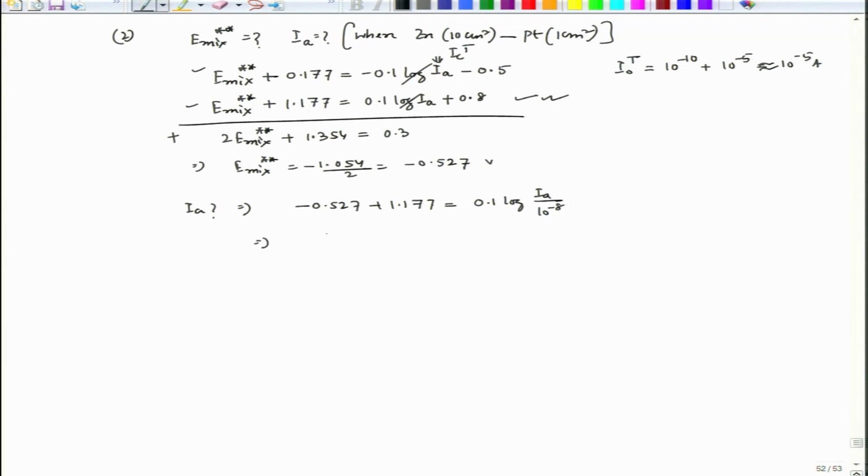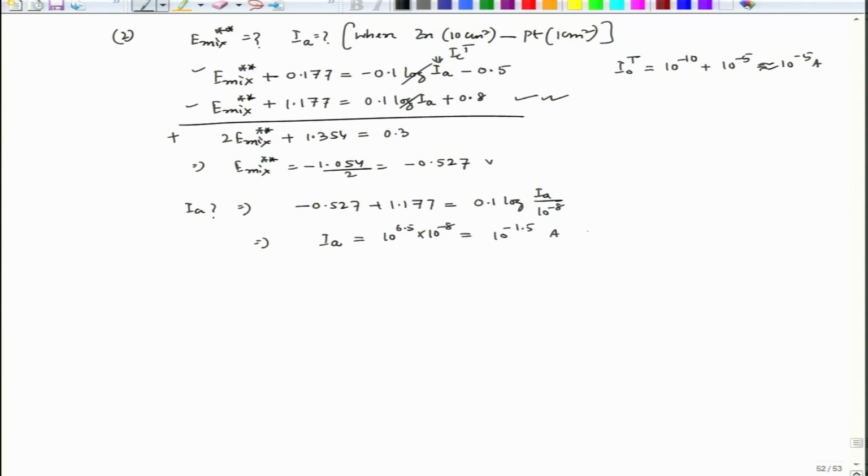So, then IA equal to 10 to the power 6.5 into 10 to the power minus 8, which becomes 10 to the power minus 1.5 ampere.